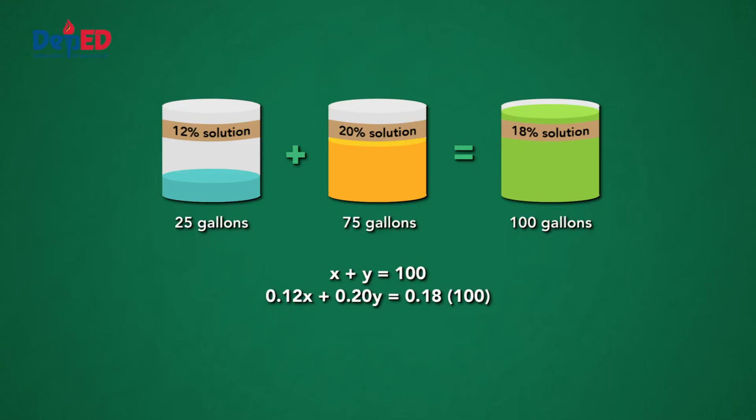Now, let us check if we got the correct answer by substituting the acquired values of X and Y to the system. Let us use the first equation, X plus Y equals 100. Since in the problem, X is 25 and Y is 75, we can show that 25 plus 75 is indeed 100. But for an ordered pair to be the correct solution, it must satisfy both equations.